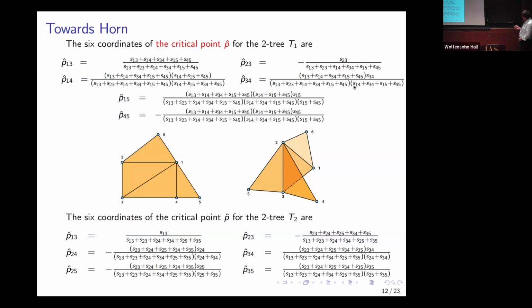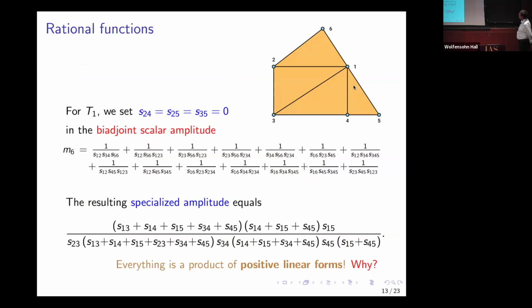Well, now let's plug this into the amplitude, just to see how this goes. This is again the original biadjoint scalar amplitude with its 14, that is to say, Catalan many terms. Now I'm setting those 3 things to 0 because these are the non-edges in this tree. So 2,4 is not an edge, 2,5 is not an edge, and 3,5 is not an edge, so those are 0.